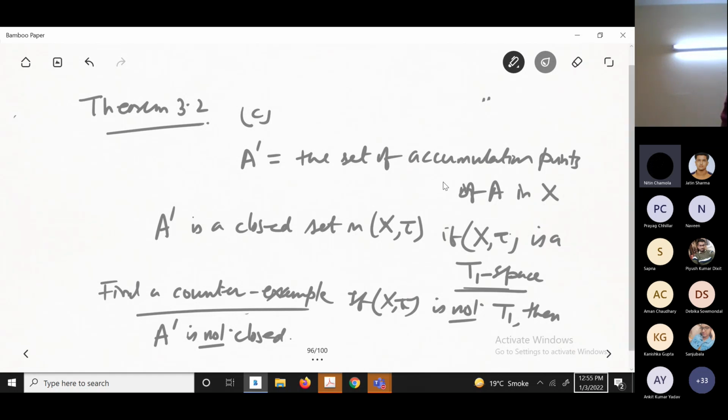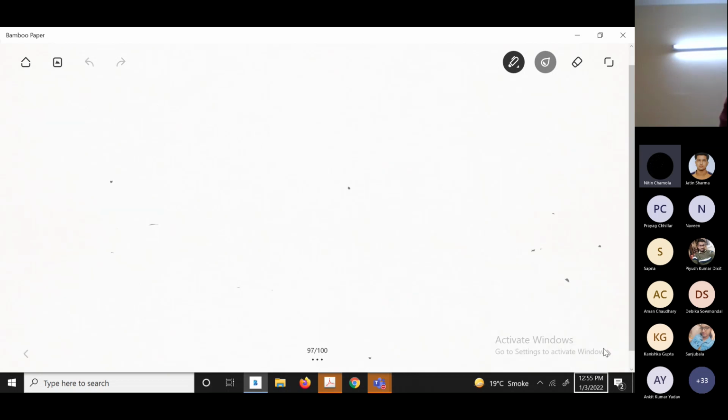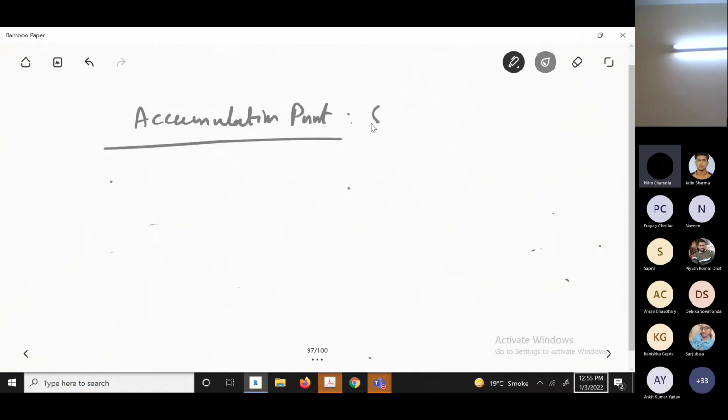Well, the last thing, let me tell you about A prime, the definition I've given: the set of all accumulation points. Accumulation points mean what? It is a special kind of closure point, a strong type of closure point.